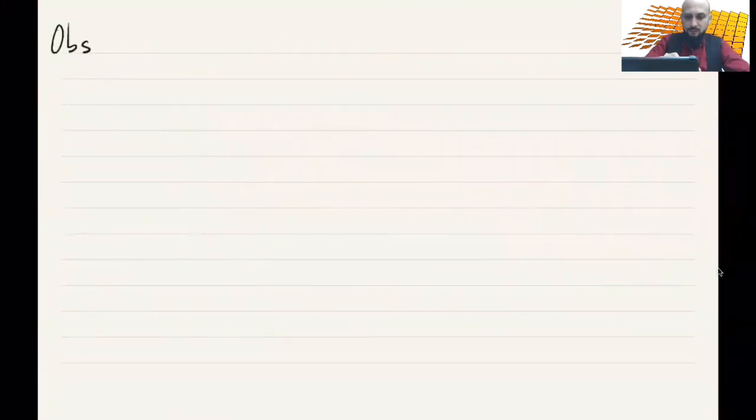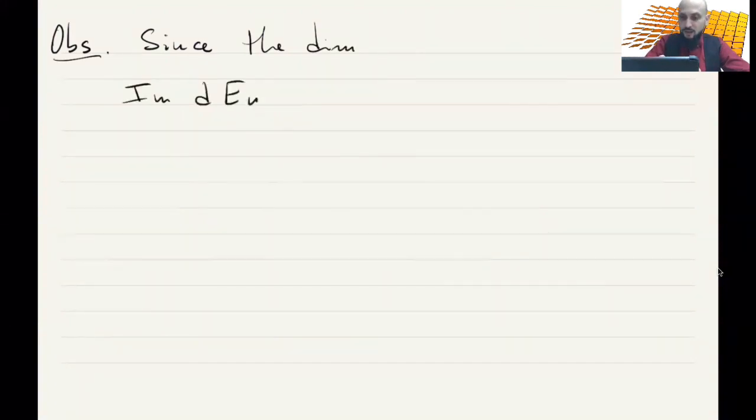Let me stress why this is true. I write it as an observation. As we got to this classification as normal and abnormal, we were considering the image of the differential of the extended endpoint map at U, where U was an optimal control, the control of an energy minimizing curve.